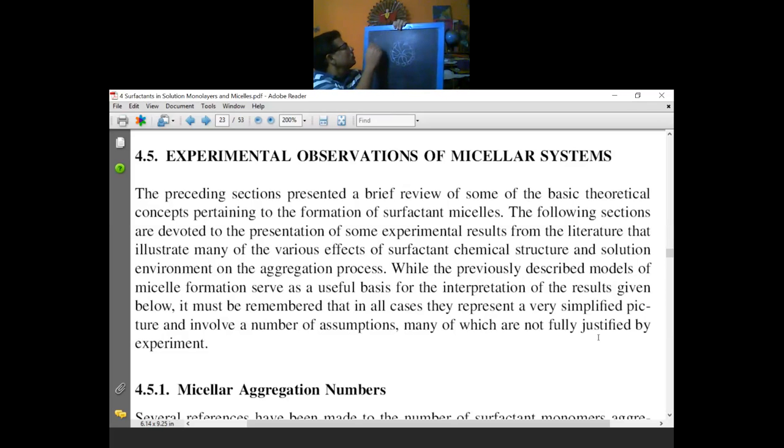So the aggregation number is nothing but the molecular weight of the aggregate divided by the mass of a monomer. Or I can say the micellar aggregation number is the molar mass of a micellar aggregate, or sometimes I write it as Sn, divided by the molar mass of a surfactant monomer.